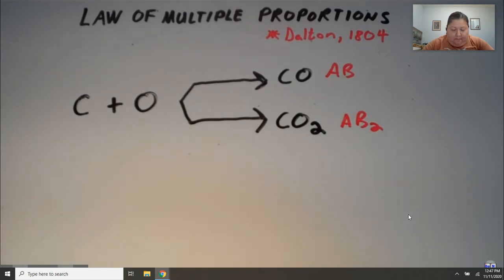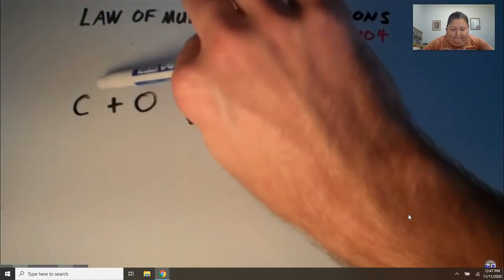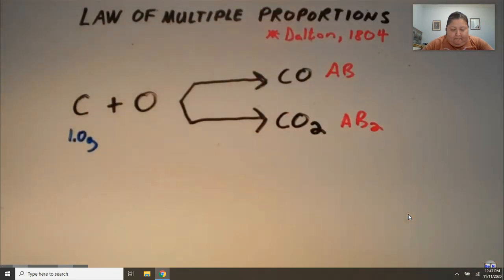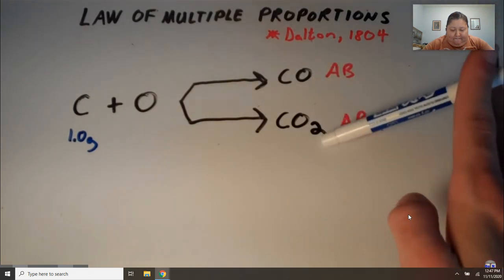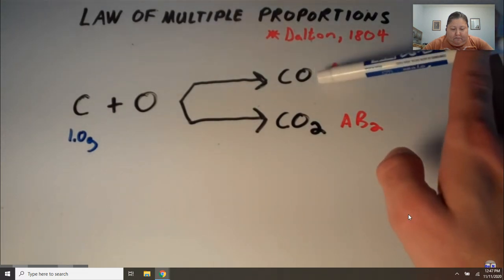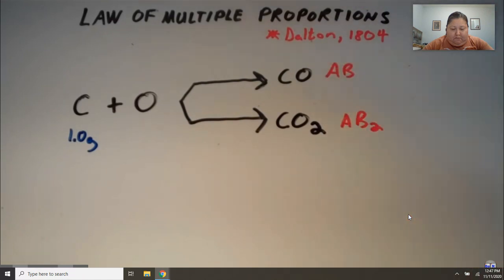So suppose I keep the mass of carbon fixed at 1.0 grams. Well, since we know the mass ratio of these two, carbon monoxide and carbon dioxide, according to the law of definite proportions, there's a certain fixed mass ratio associated with each of these two compounds.